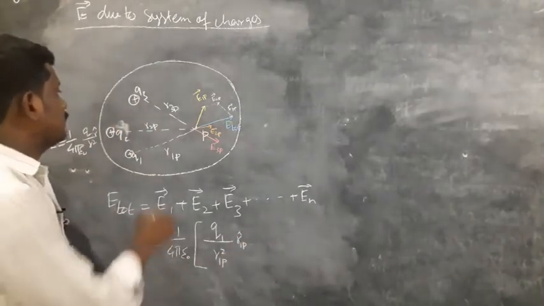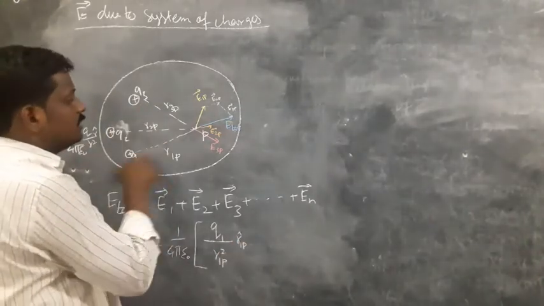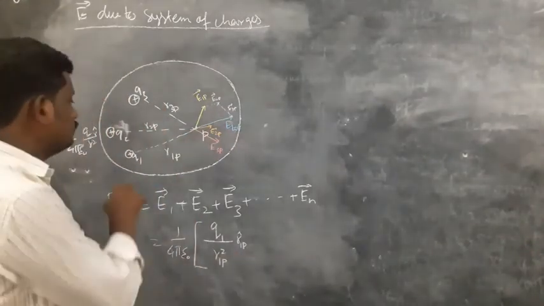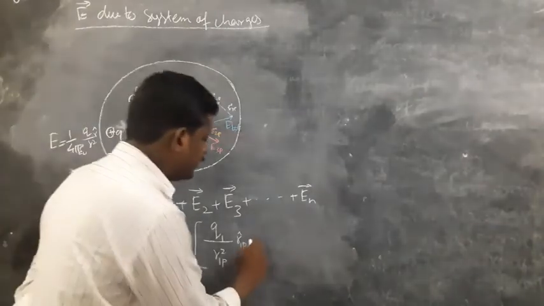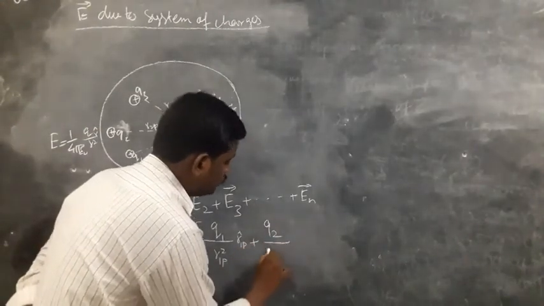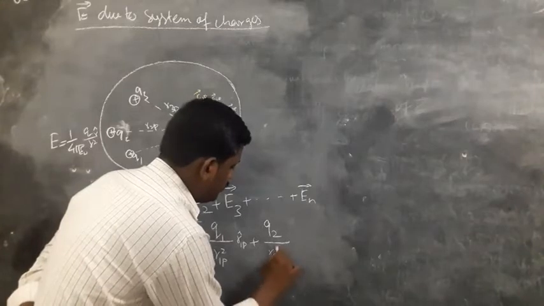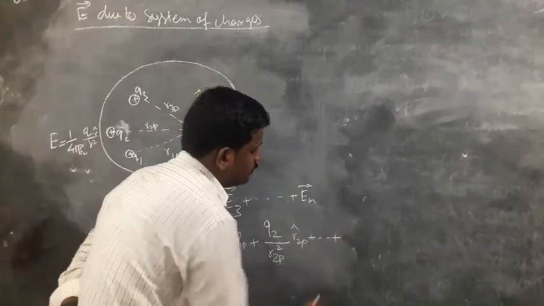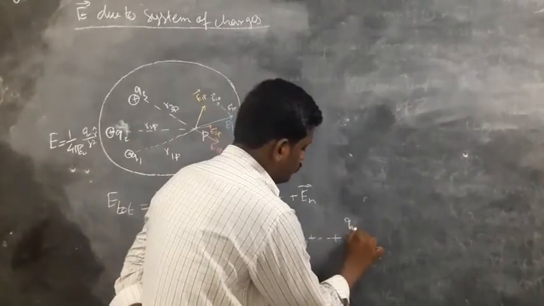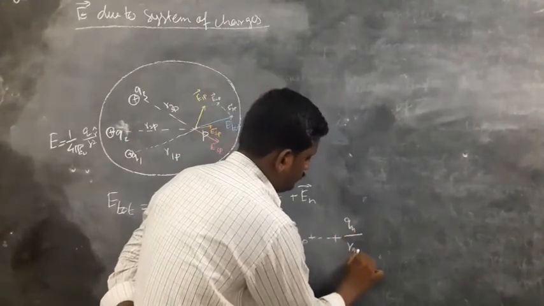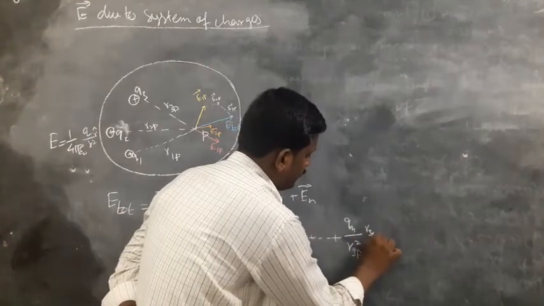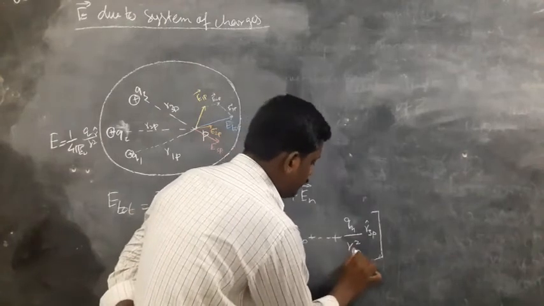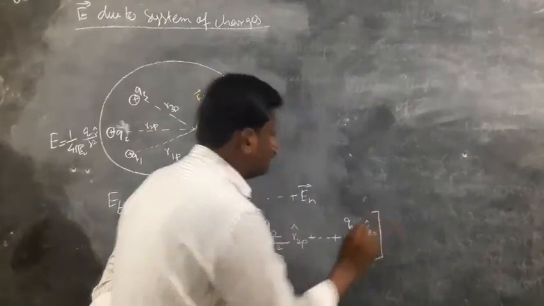R1P is the distance between the charge and the point P. R1P cap is the unit vector directed from Q1 to P. Then similarly for Q2, that is Q2 by R2P squared R2P cap, up to the nth charge, that is Qn by RnP squared RnP cap.